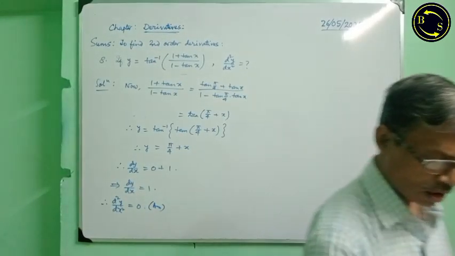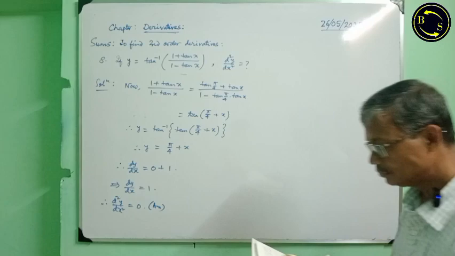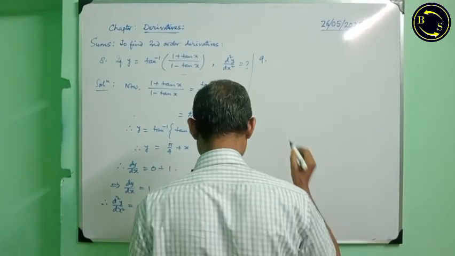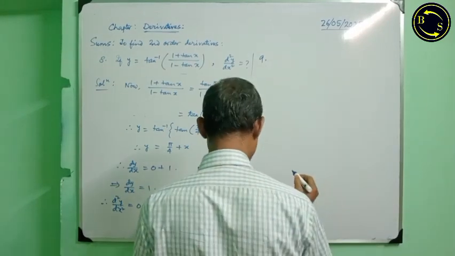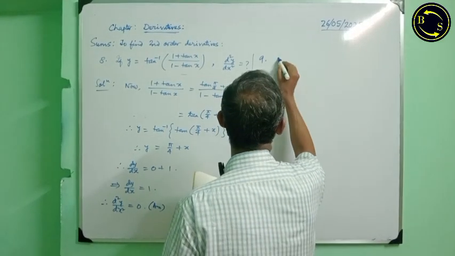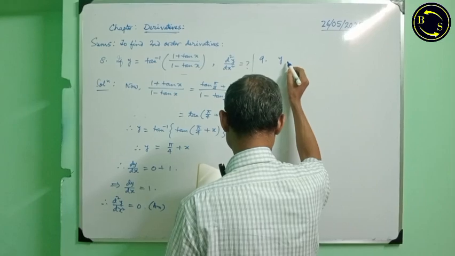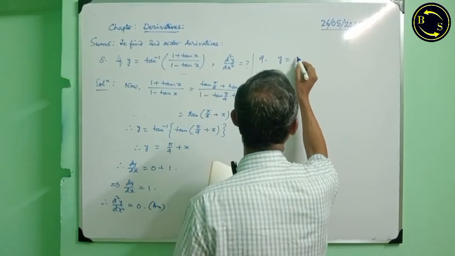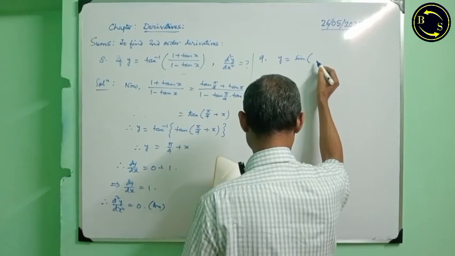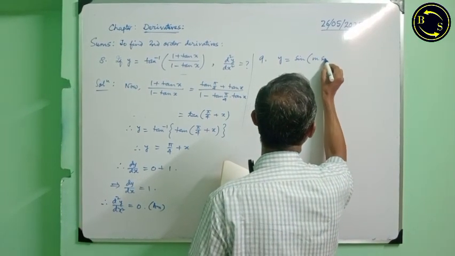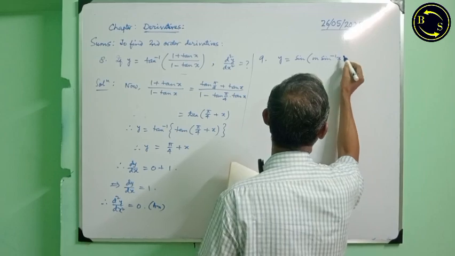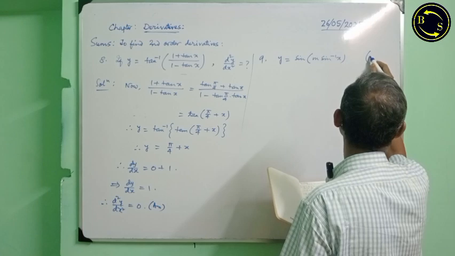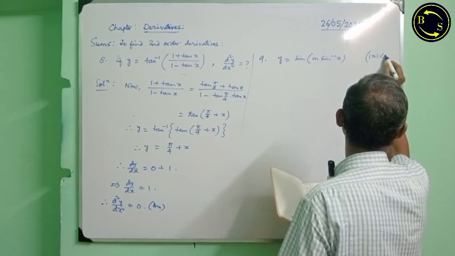Then I take the next sum, number 9. y is equal to sin of m sin inverse x, with the restriction given mod x less than 1.